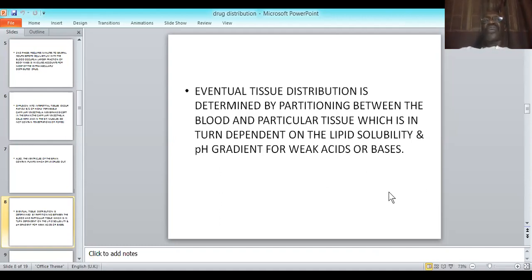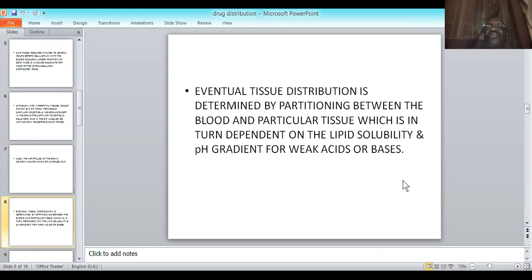But after some seconds, the drug that is being distributed will now start to get to other organs which don't preferentially receive much of the drug during the early stages, because they don't preferentially receive more of the blood flow.